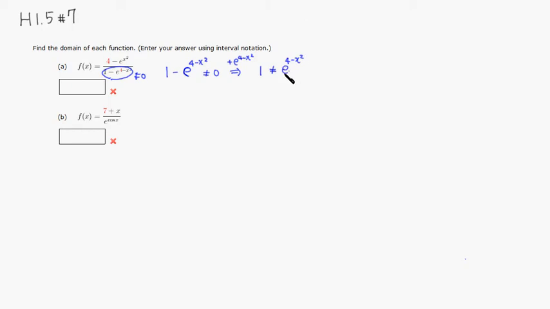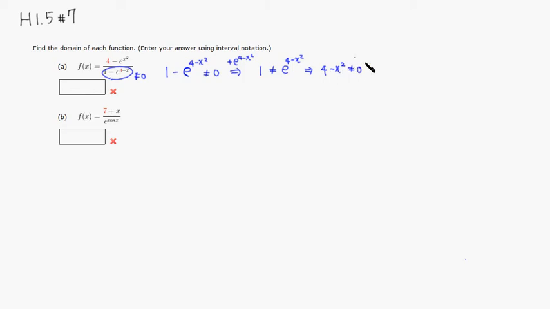But remember that e to the 0 is equal to 1, so we don't want 4 minus x squared to be equal to 0.